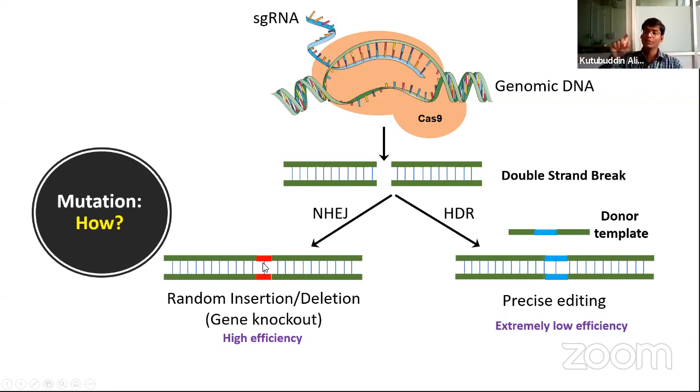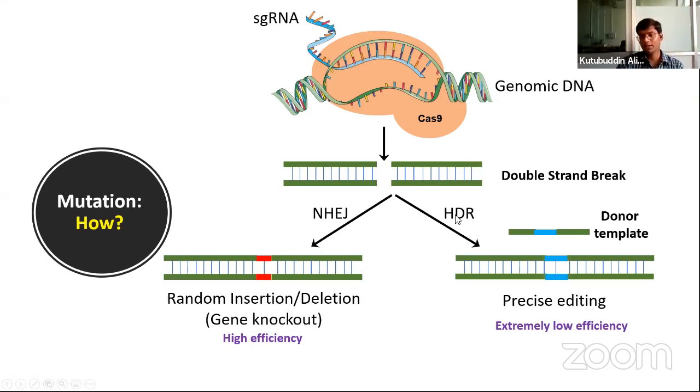Because the open reading frame of that gene is changed by the new insertion or deletion from the original sequence, the gene becomes non-functional, as it would no longer produce the same protein it should. So you can very easily disrupt a gene of interest. This is NHEJ, and it is the mostly followed approach worldwide.